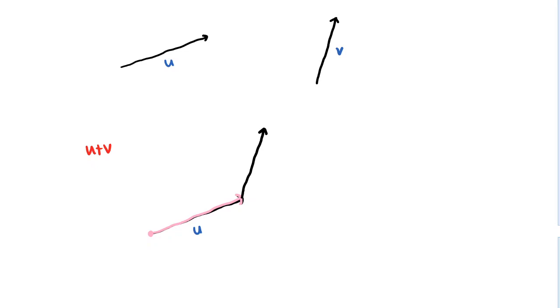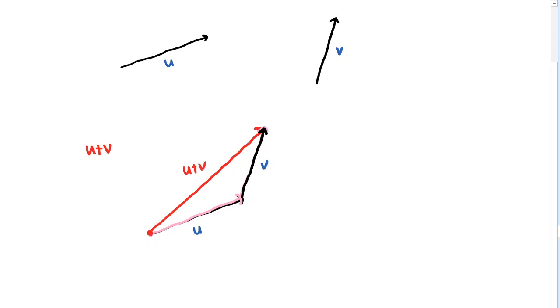So here's my vector v, and now the ball has traveled this much further in the direction of v. And so u plus v tells me that my ball started here and ended up at the terminal point of v. This is the vector u plus v.